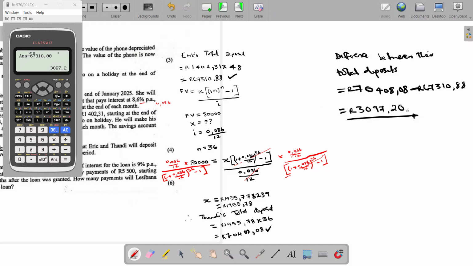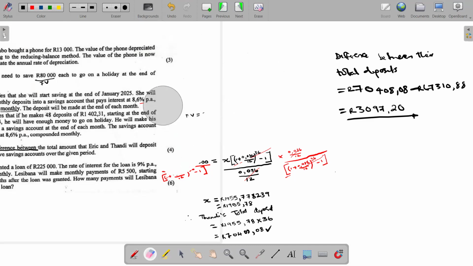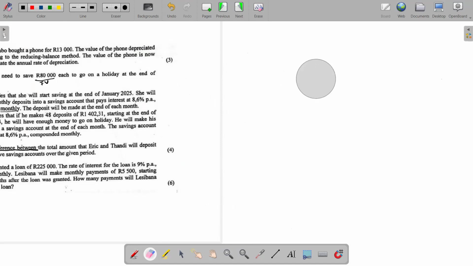Always make sure that you leave your final answer to 2 decimal places because we are dealing with money. Then we go to the next question. So having done this, let's remove it and go to the next question.